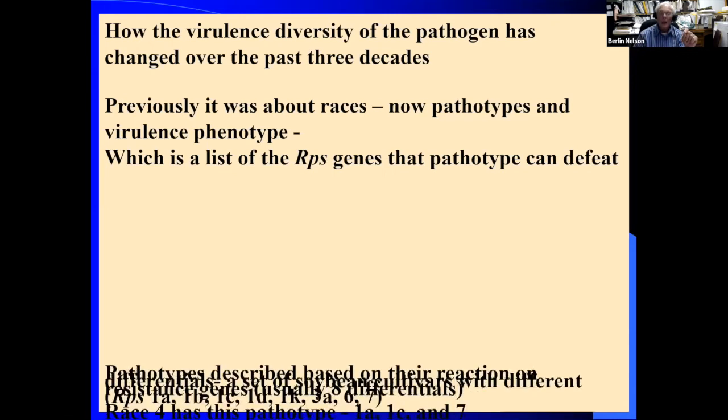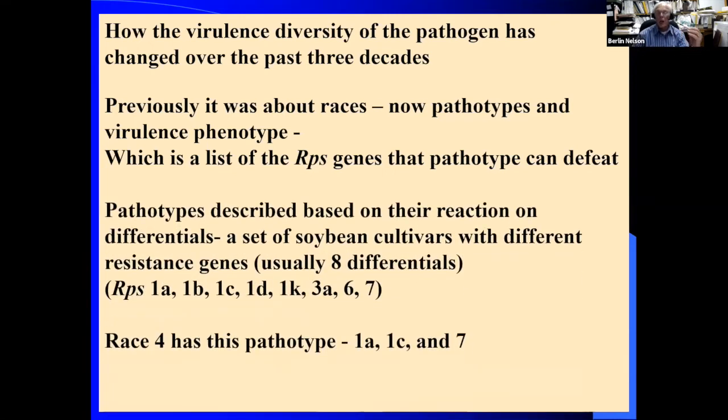We describe these pathotypes generally, not exclusively, based on their reaction on 8 different isolines that have these 8 different RPS genes. So race 4, for example, has the pathotype 1A, 1C, and 7. Those are the 3 resistance genes in soybean that it can defeat. It can kill those plants. Okay, everybody clear on that?